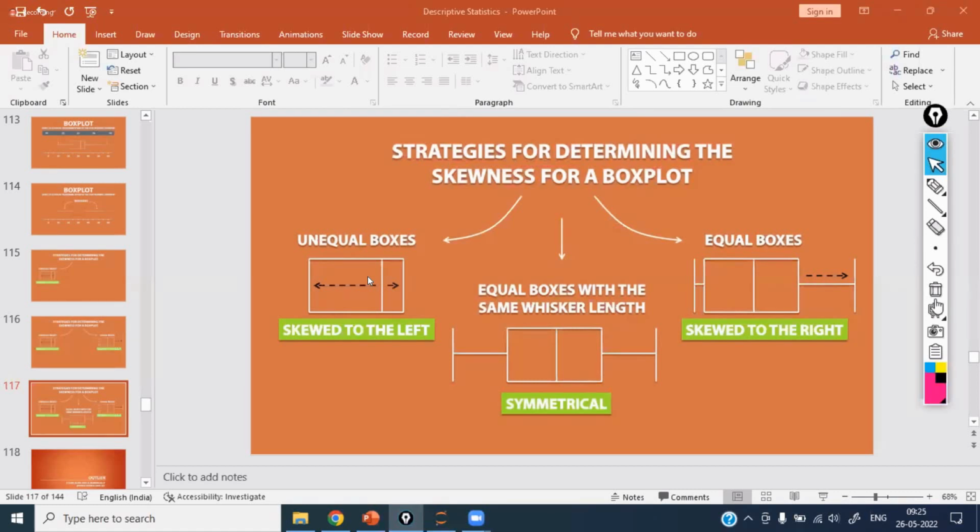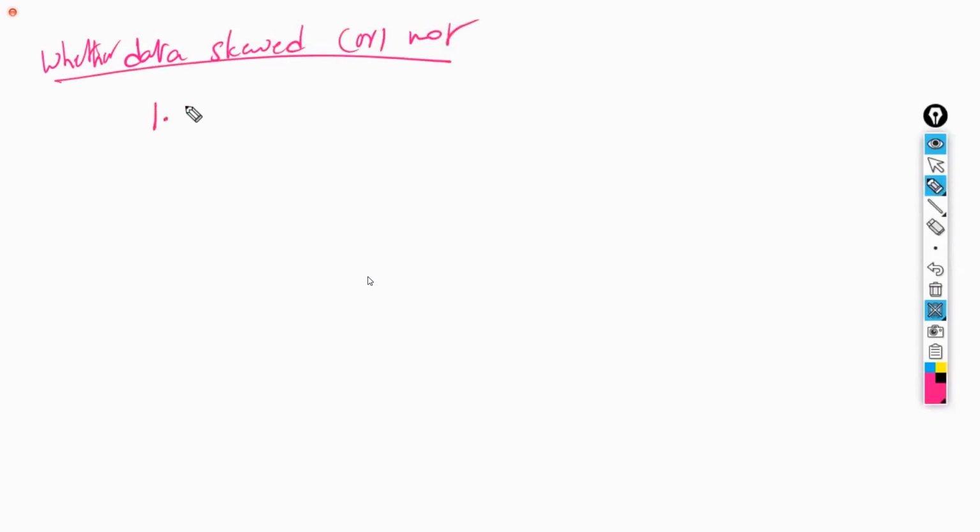Generally, whether the data is skewed or not, we are going to identify it in three ways. One, directly by taking the skewness value. Two, by using the histogram.